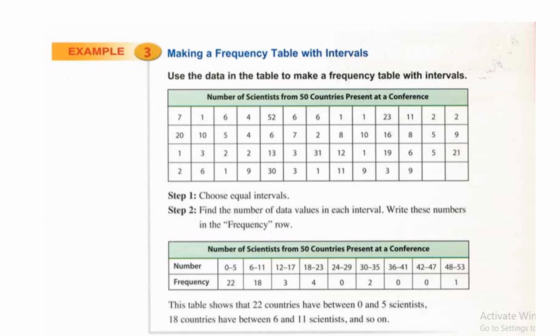We have some number 0 to 5, frequency 22, and 6 to 11, 18, 12 to 17, 3, 18 to 23, 4, 24 to 29, nobody, and 30 to 35, 2, and so on. This table shows that 22 countries have between 0 and 5 scientists. 18 countries have between 6 and 11 scientists, and so on.